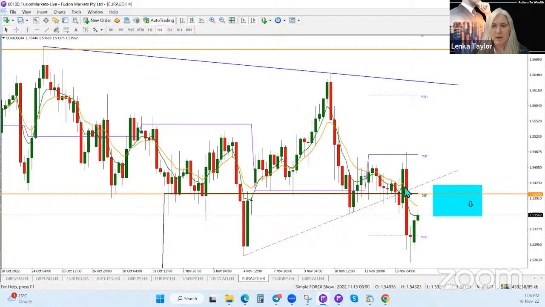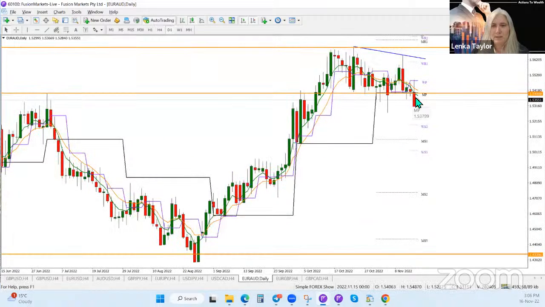The next currency pair I'm looking at is Euro AUD. And we've now had the price break below the previous level of support and it also coincides with the monthly pivot. So I'm looking for a retest.